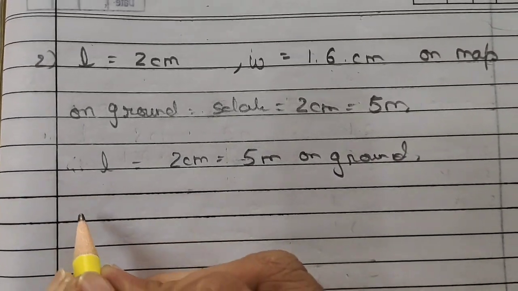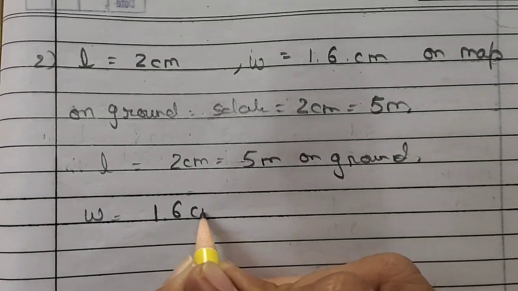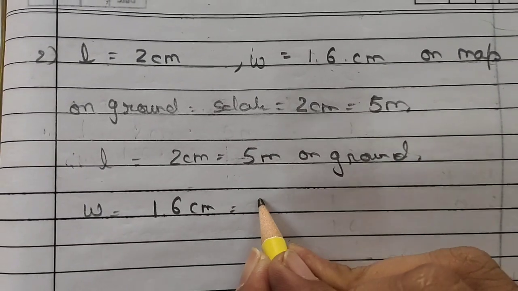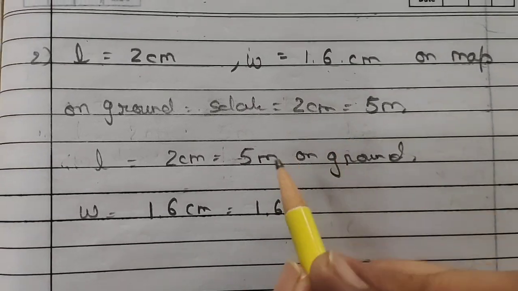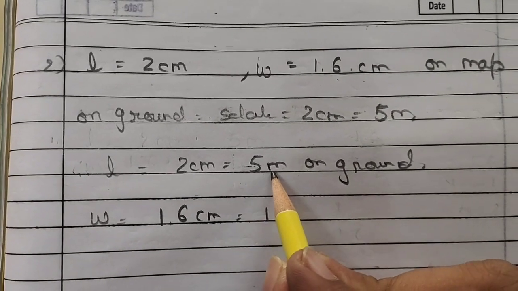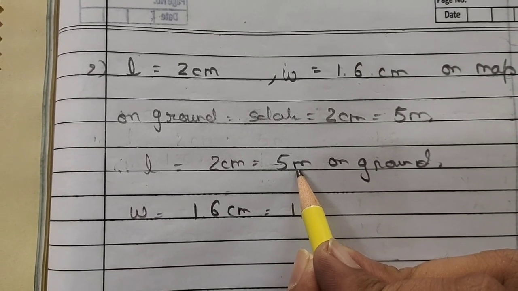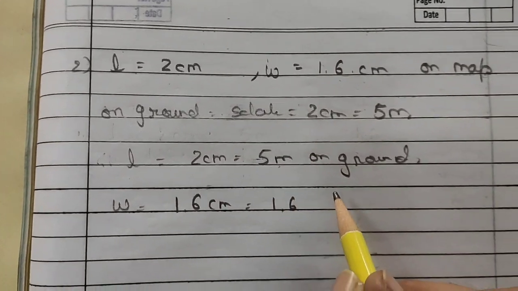Now the width we will see. Width is 1.6 centimeter. So we will multiply 1.6 by the value of 1 centimeter. What is half of 5 meters? 1 centimeter will be of how much? It will be 2.5 meters.